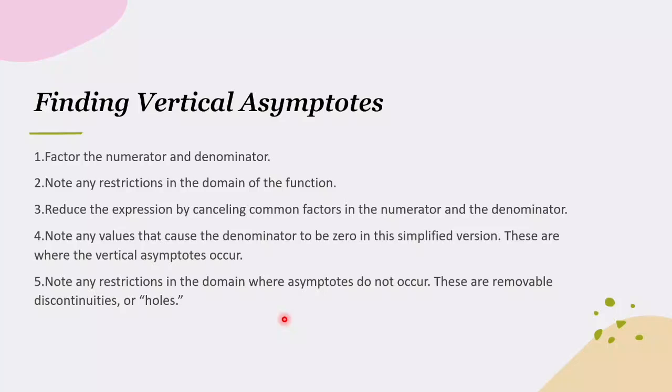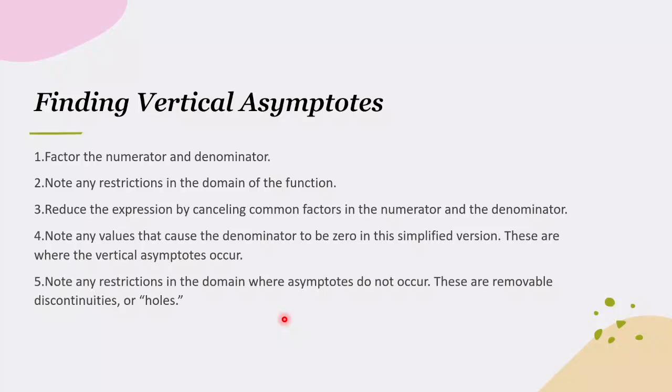So this will be easiest for me to explain with some examples, but I do have kind of a summary here typed up on the screen. If we want to find vertical asymptotes, we're going to factor everything as much as possible. This is a good time to note any restrictions in the domain, the idea that the denominator can't equal 0. We're going to reduce the expression by canceling common factors.